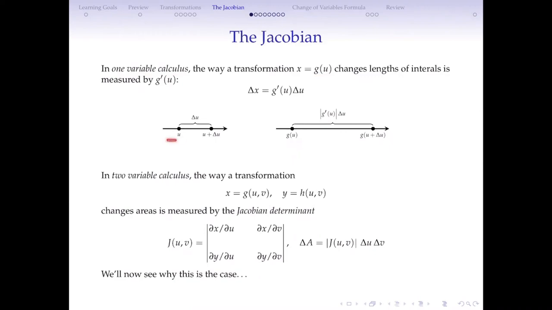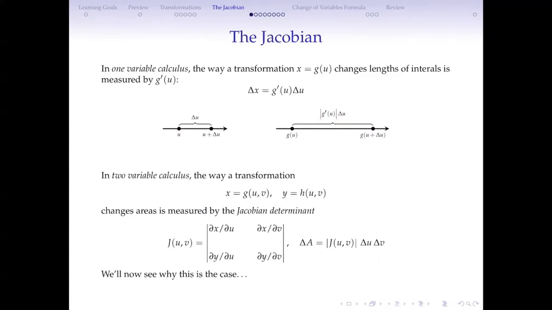If on the real u line, I go from u to u plus delta u, and I look at the corresponding image points, u goes to g of u, and u plus delta u goes to g of u plus delta u, then the distance from here to here under the map becomes the distance between these two points. And by linear approximation, the distance from here to here is approximately the size of the derivative times delta u.